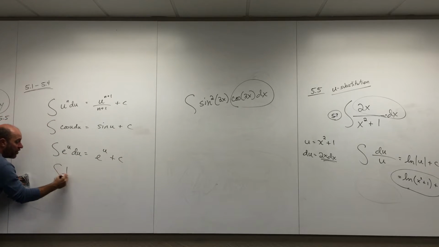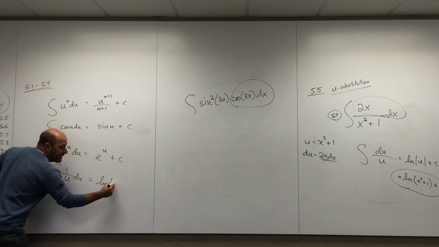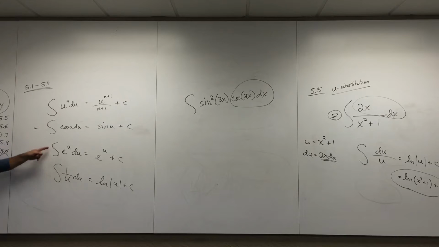What else do we have? We have 1 over u. How do you integrate a 1 over u? ln of u, right. There really aren't that many. There's more trig stuff I could write down, but there's those two, and then there are five or six trig functions.